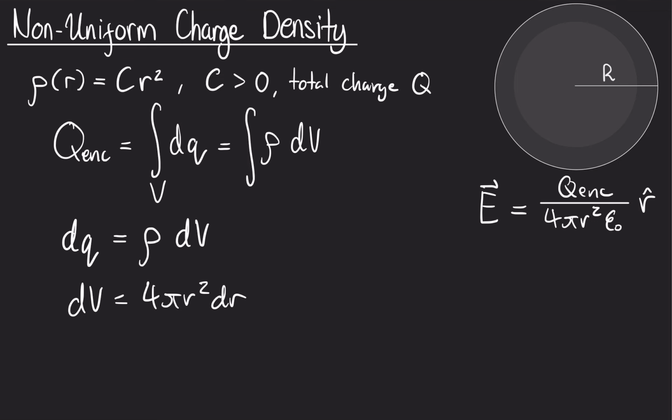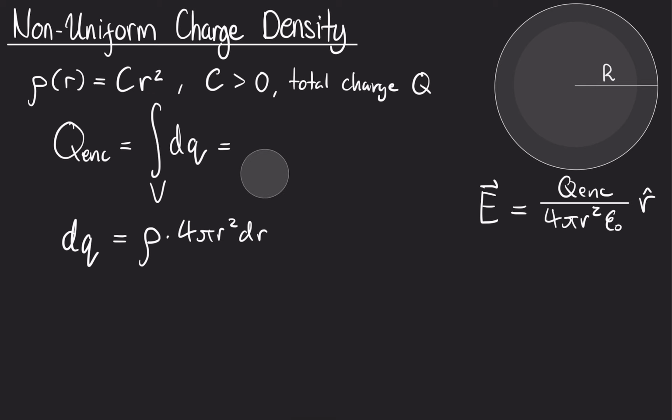So now we can replace our dq expression with rho, and instead of dv, we'll write 4 pi r squared dr. Perfect. So this means that we can replace our integral over here and write dq like this. The integral of rho times 4 pi r squared dr.